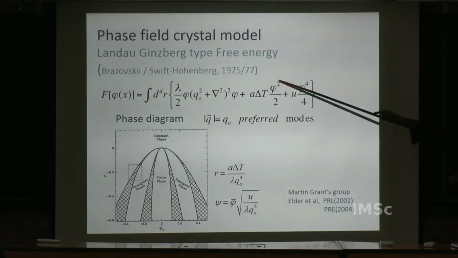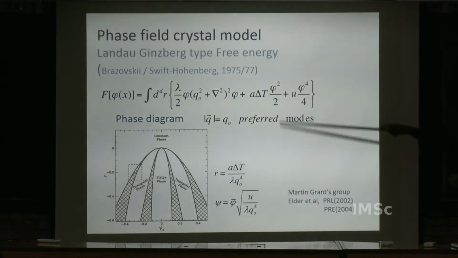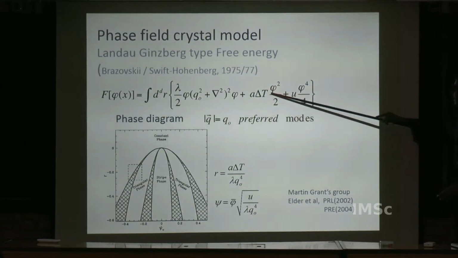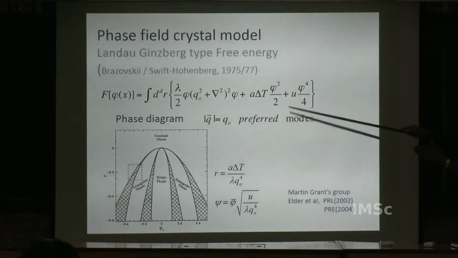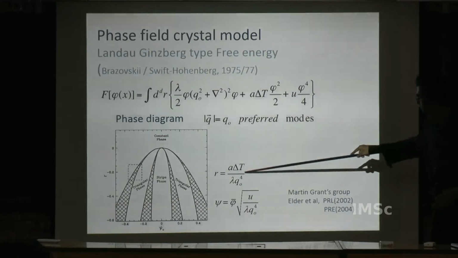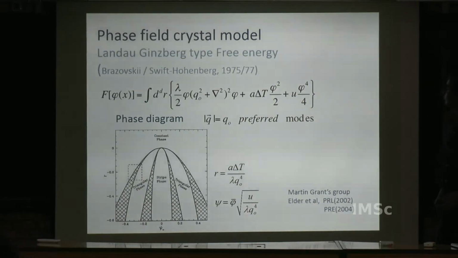And this tells you how far you are from the transition. For example, when this is minus, you are in the solid state, where you have some non-zero phi. When this is plus, phi equal to 0 will be the minimum energy state. So delta T decides whether you are on the solid side or on the liquid side. This parameter is proportional to delta T and other things.